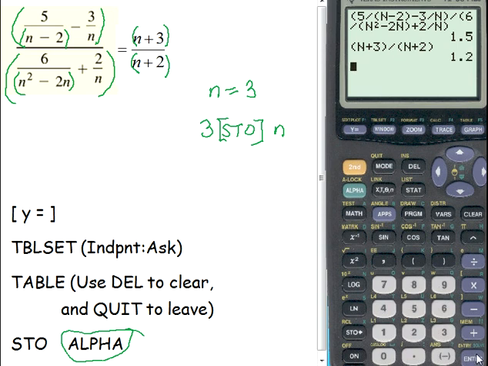And it didn't come out correctly. Let me check my paper. I think I copied the answer wrong. It should have been N plus 3 over N plus 1, not 2. So let me go back there and change that to a 1. Now, I don't have to retype that whole thing.